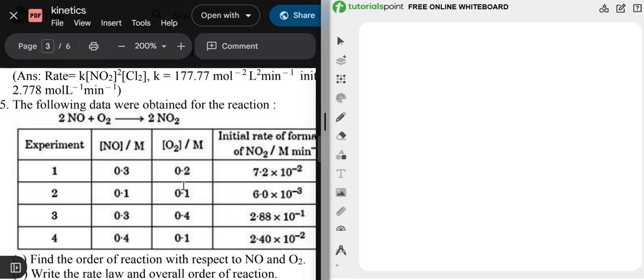See 0.2, 0.1, 0.4, 0.1. So in the second and third data, the concentration of O2 is the same, right? So we will choose the second data and the fourth data.